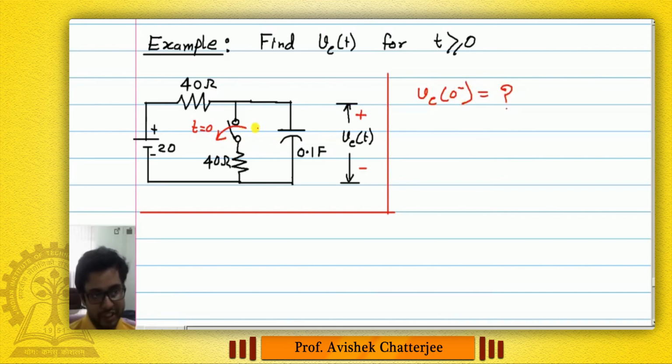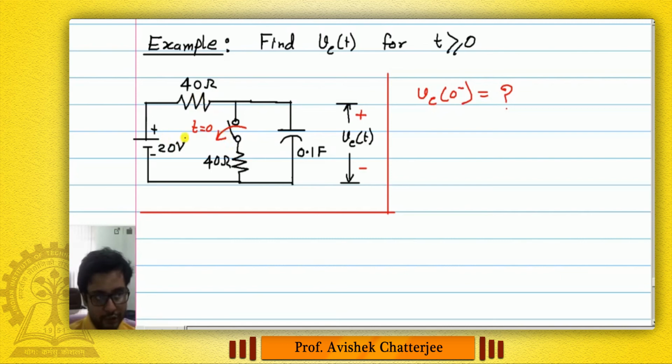Okay, notice when the switch is closed, then in steady state, assuming that the switch is closed for a long enough time before it is opened, then in steady state, capacitors act like open circuit in DC circuits, so no current flows through the capacitor, and then this voltage 20 volt will drop across these two resistances in series.